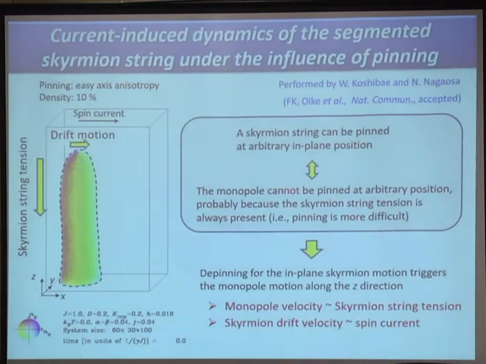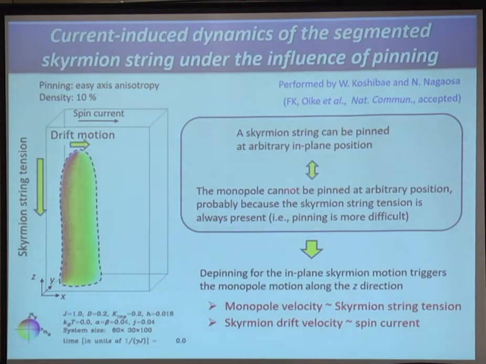To gain insight into this issue, we asked our theorist colleagues, Dr. Koshibaya and Professor Nagaosa, to numerically simulate the current-induced dynamics of segmented Skyrmion strings under the influence of the pinning potential. They found that even if a metastable Skyrmion string is segmented like this, the structure can still remain metastable because of the help of the pinning potential.